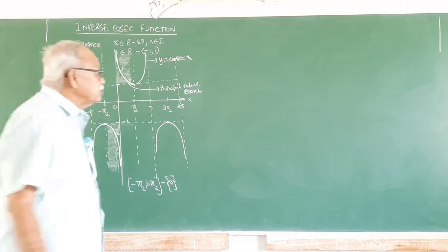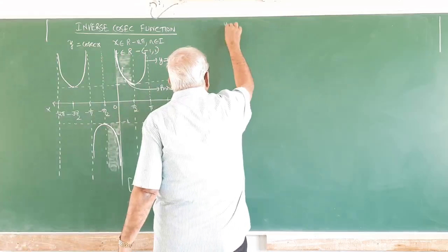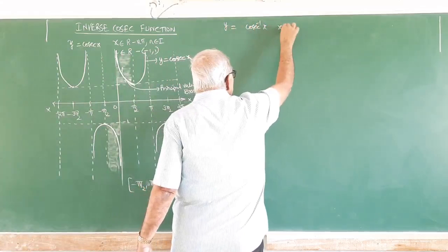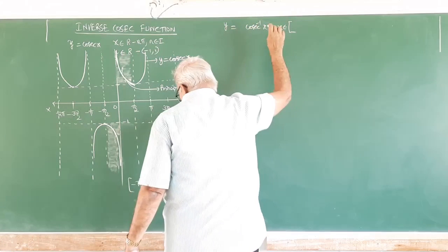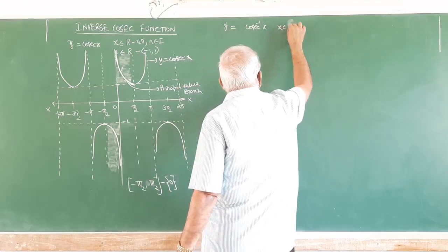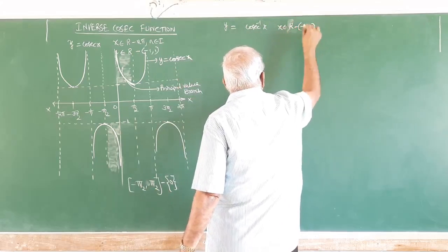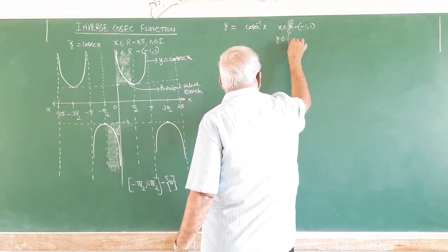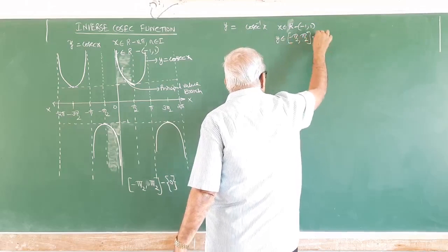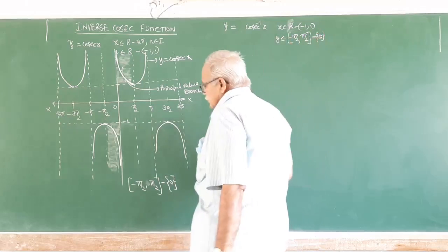Y is equal to cosecant inverse of x. X belongs to, what is x? R minus (-1, 1). Y belongs to minus pi by 2 to pi by 2 minus the set 0.